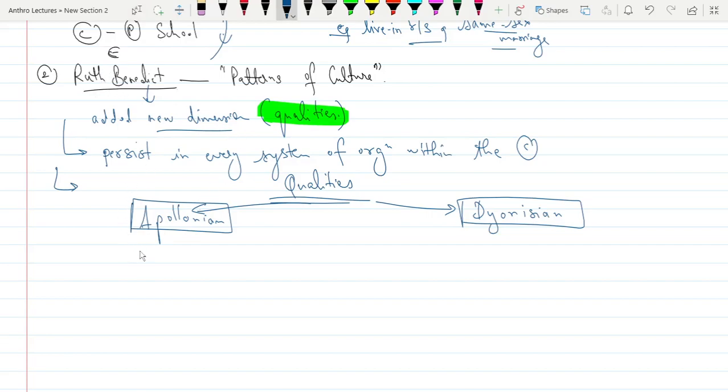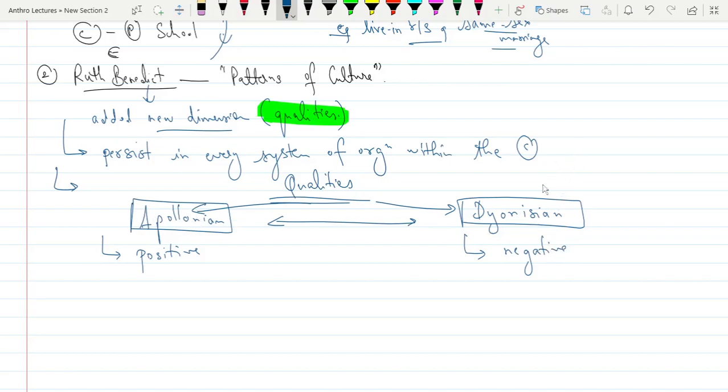But just remember that Apollonian is a more positive concept. These two are the two poles of a continuum, in which Apollonian represents the more positive side and Dionysian represents the more negative side.